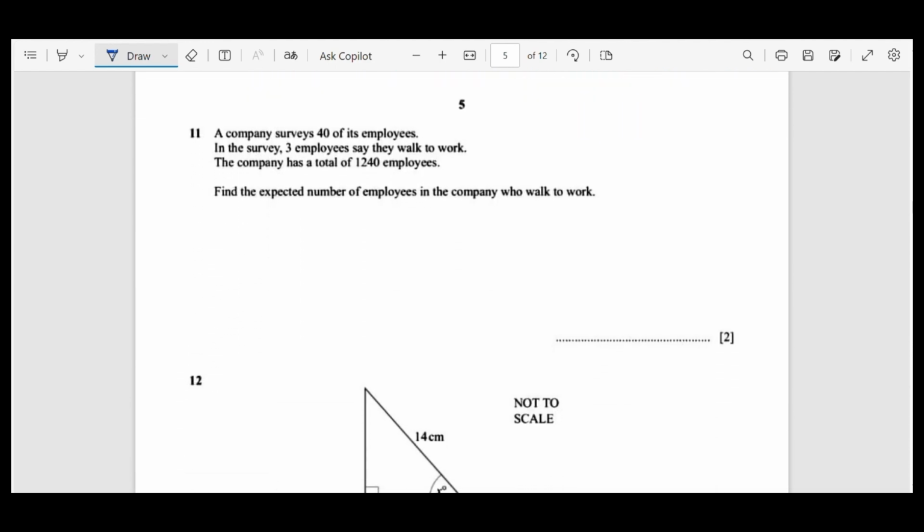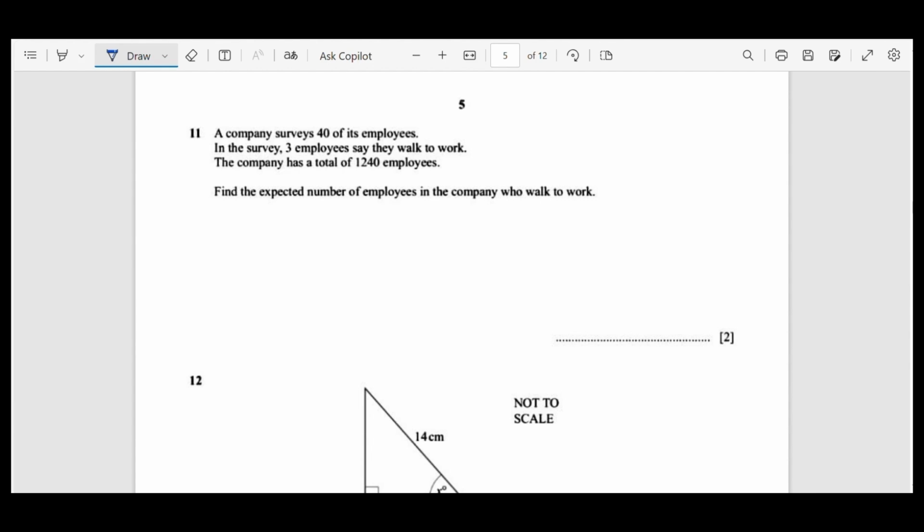A company surveys 40 of its employees. In the survey, 3 employees say they walk to work. The company has a total of 1,240 employees. Find the expected number of employees in the company who walk to work.